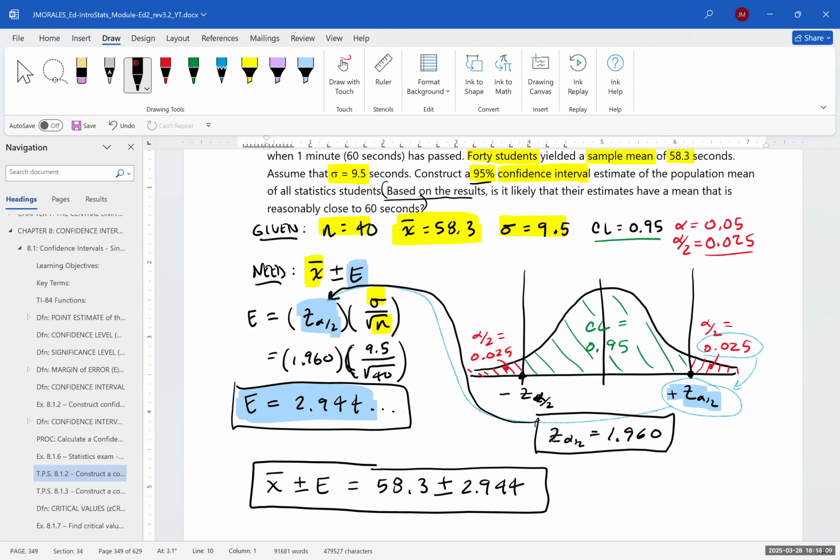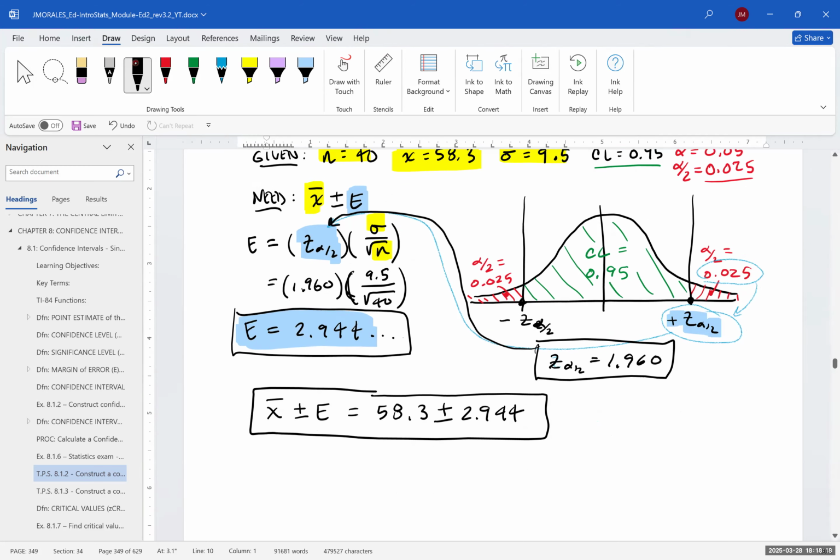It says, based on the results, is it likely that their estimates have a mean that is reasonably close to 60 seconds? So what we're being asked here is: is a time of 60 seconds within our confidence interval?